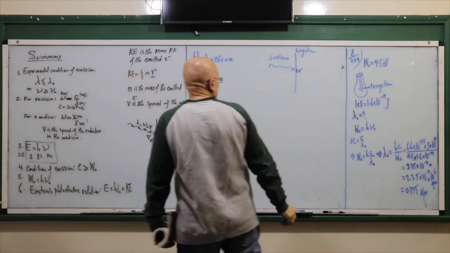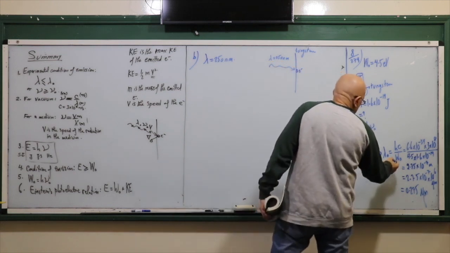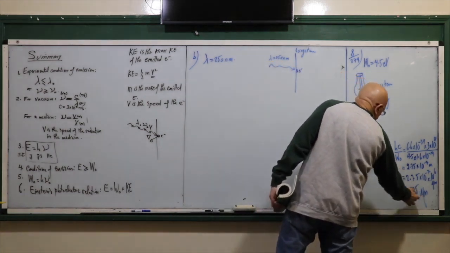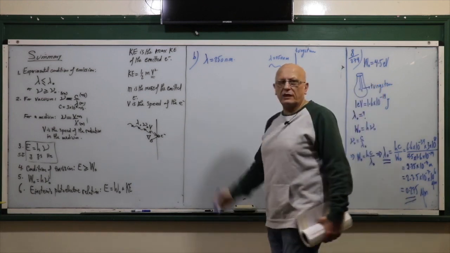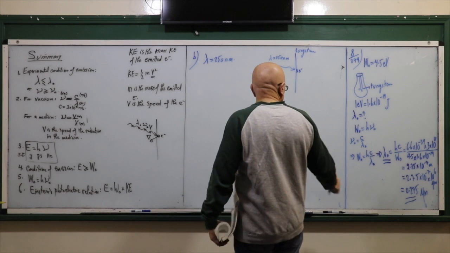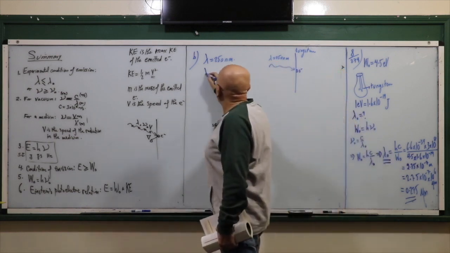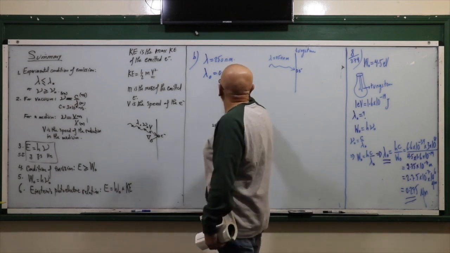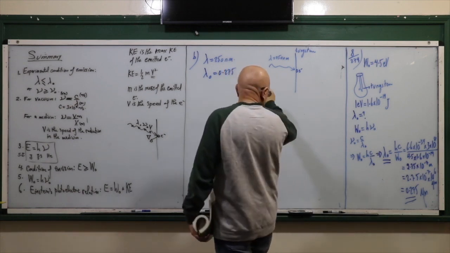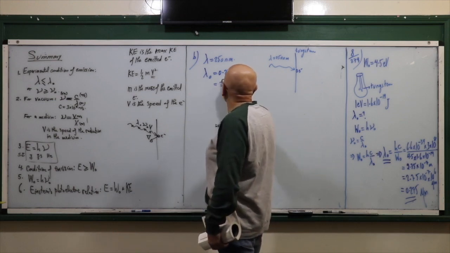We have lambda node, so I should just compare lambda with lambda node of the metal. Lambda node is equal to 0.275 micrometer, which is equal to 75 nanometer.